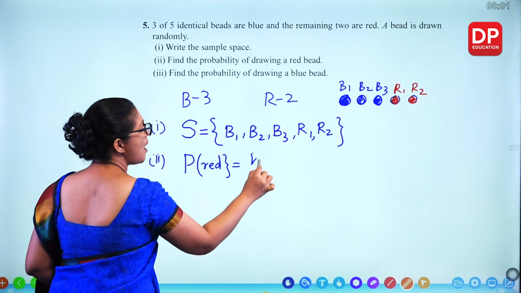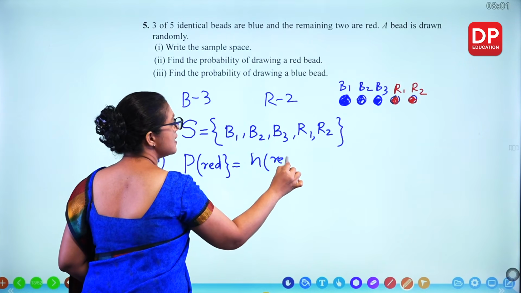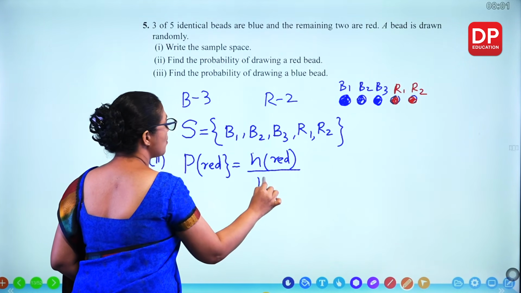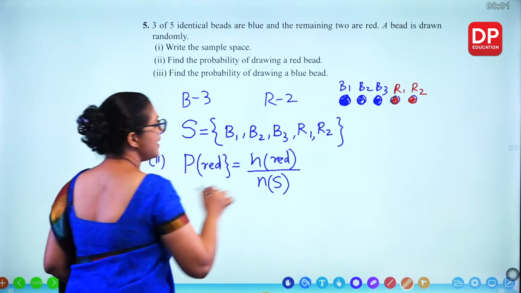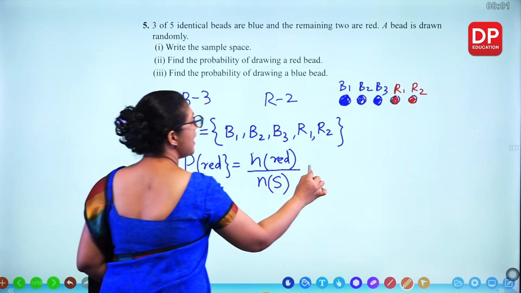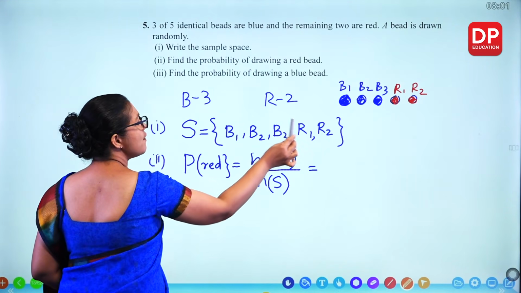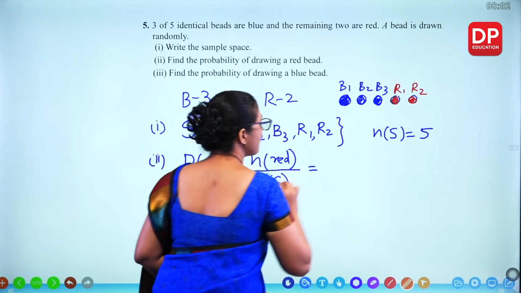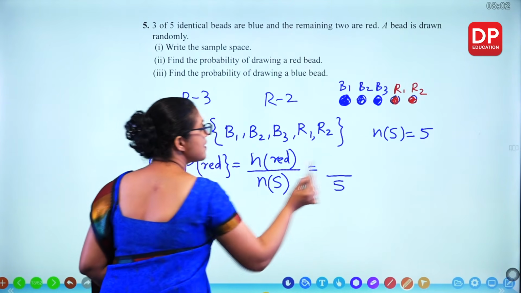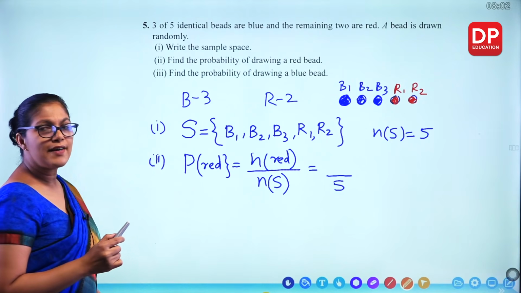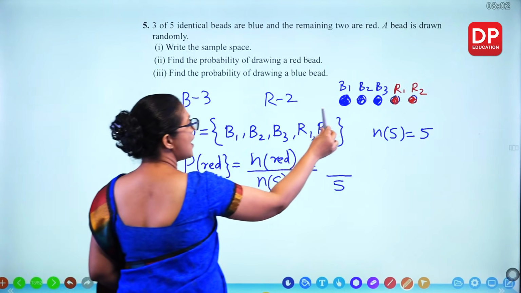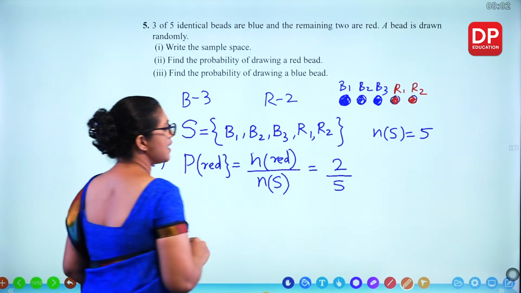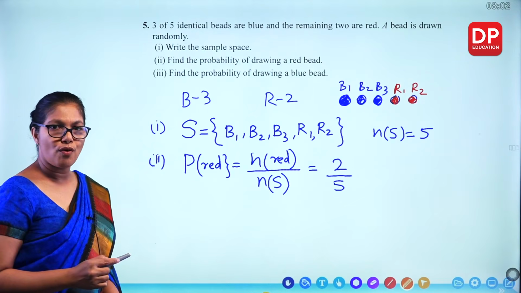How will you find out? Number of red beads divided by the total number, that means n(S). n(S) we know is 1, 2, 3, 4, 5, so you get 5 as the denominator. How many reds are there? R1, R2. So you can get the probability as 2 over 5.